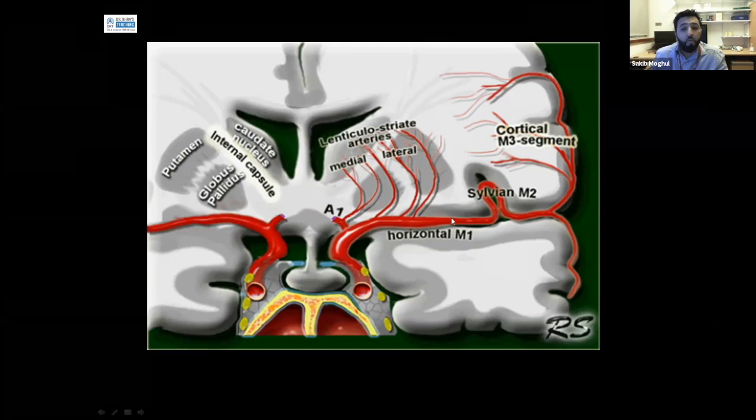As a result, the one segment which is very vulnerable is this segment over here, which is why we quite frequently see infarcts. They do not really manifest quite clearly on CT initially, but MRI and diffusion weighted imaging tend to light up these segments quite nicely. So it's something to be mindful of. That's the logical reason why those things happen.